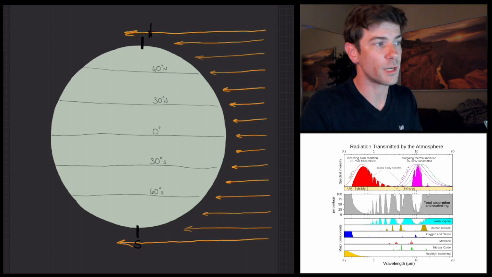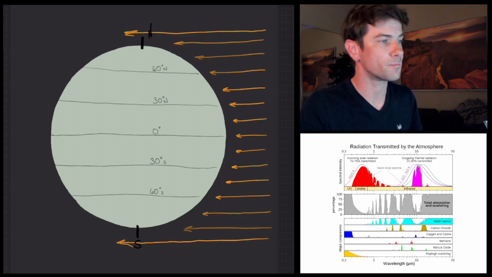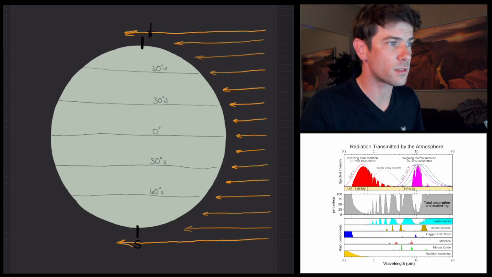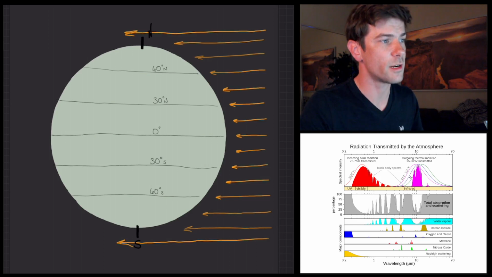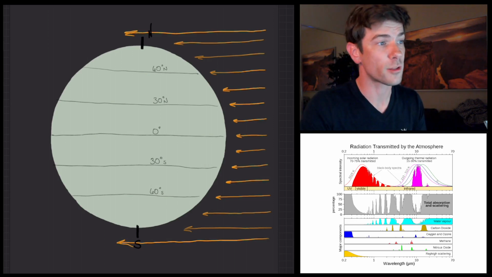At the top panel here, there's the electromagnetic spectrum with the infrared out here on the right, a little bit of visible here, and then UV, and this is the solar radiation flux coming in. As we receive it at the Earth, it is the red colored region here. And then these curves over here are the infrared radiation that's emitted back out into space by the Earth.